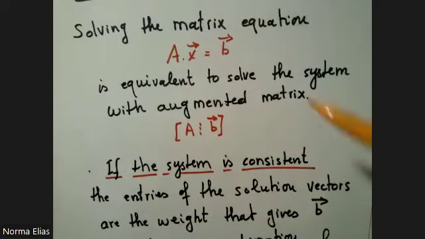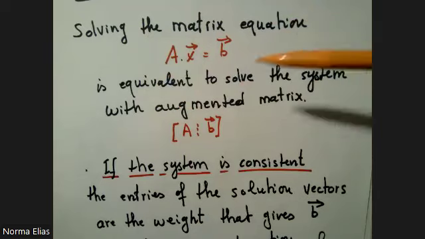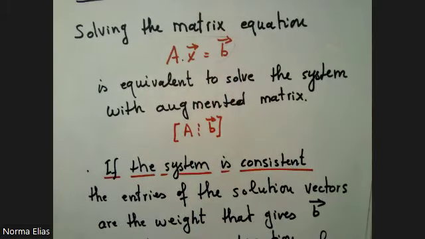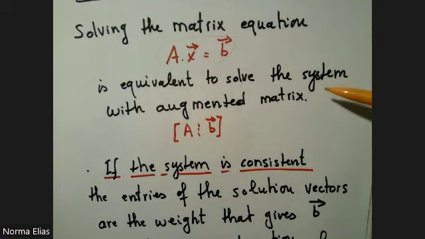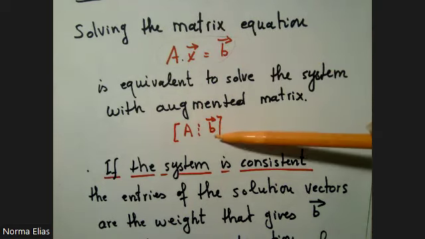So let us connect the dots. Solving the matrix equation AX equal to B, because that's the new way you're going to see a system written. That's why we emphasize this. Solving AX equal to B is basically equivalent to solving the system whose augmented matrix is [A B]. So whenever you have to solve that, it means that you have to solve the system.